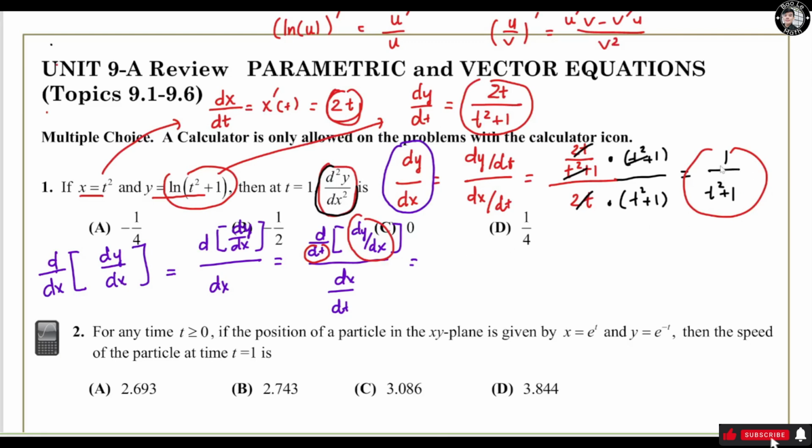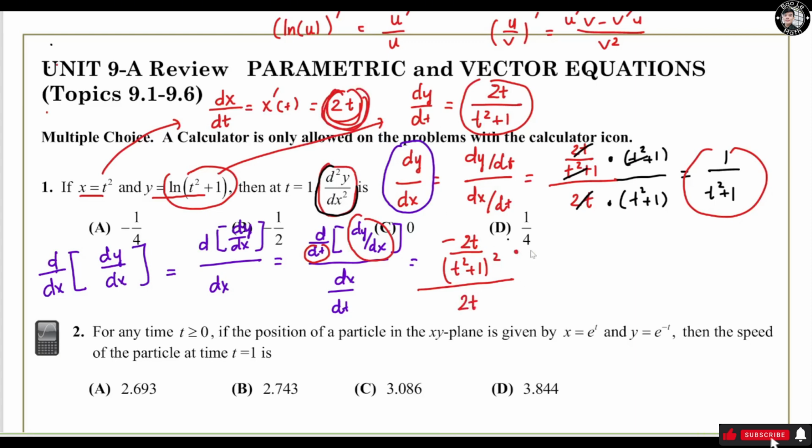So the derivative of 1 equals 0, multiplied by this one is 0, minus 2t times 1 is negative 2t over (t squared plus 1) all squared, divided by dx over dt, which is 2t.